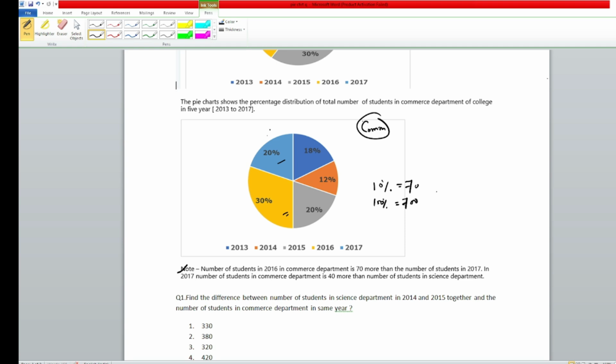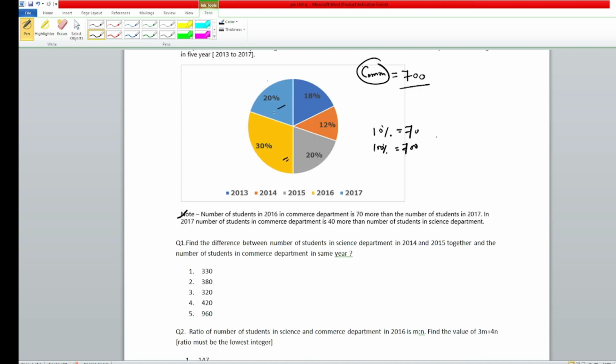I have already told you that the total percentage combined gives 100%, that is the total number of students in commerce. So the total number of students in the commerce department in all these years together is 700 students.